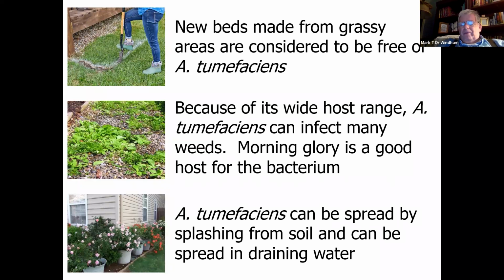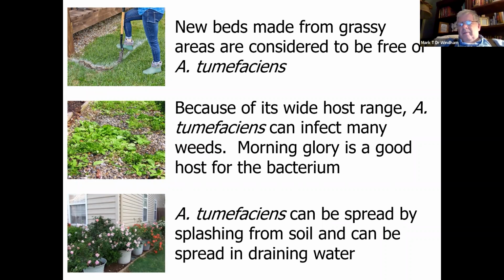Morning glory is a particularly good host for this bacterium. So going into an old bed or an old garden, where I'm going to put some rose beds, if there's been Agrobacterium in that soil before, and there are dicot weeds, there's likely going to be Agrobacterium still there.